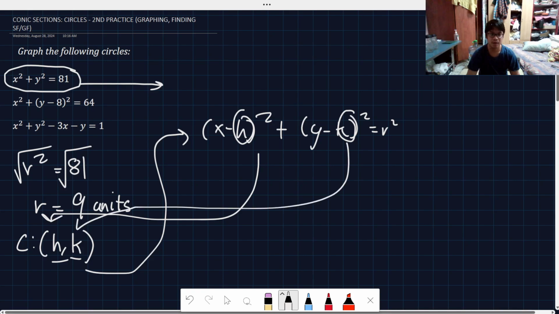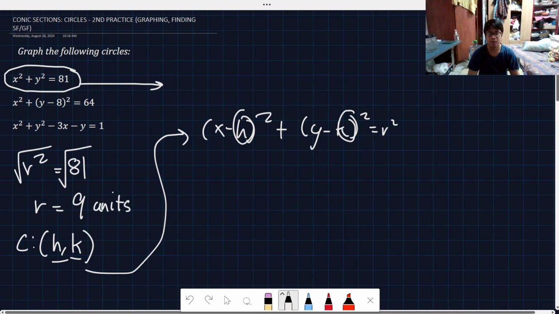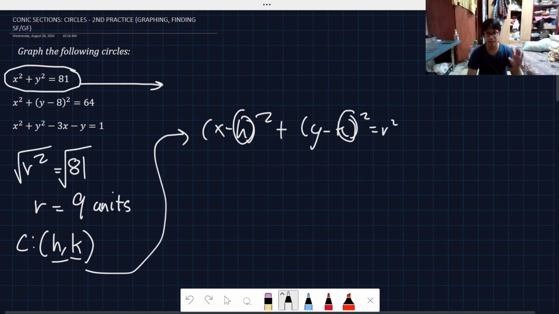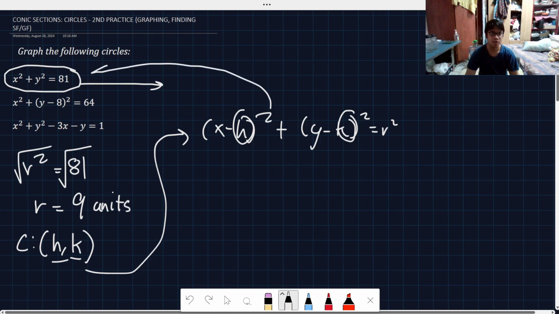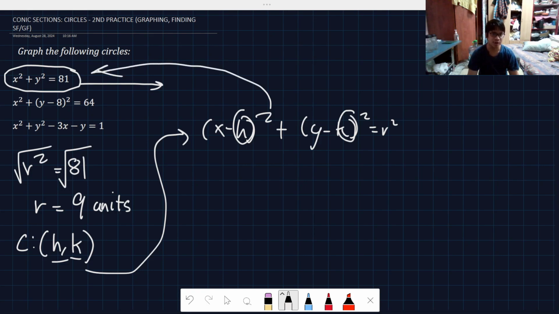But here's the problem. Let me add one more piece of information: h and k are constants, and they are the partners of x and y respectively. Now, look at this one. Compare it here. There is no h for x and k for y, because as you can see, it exists just x squared.